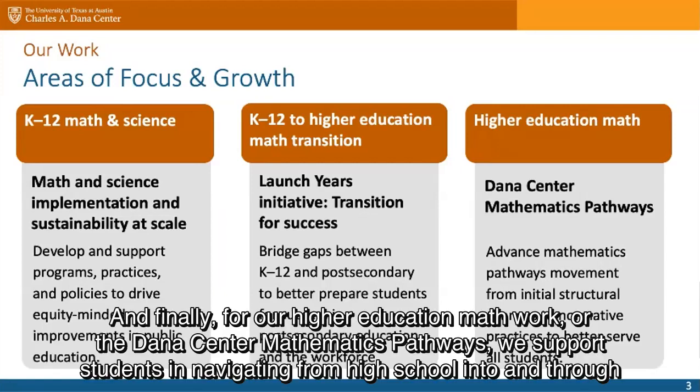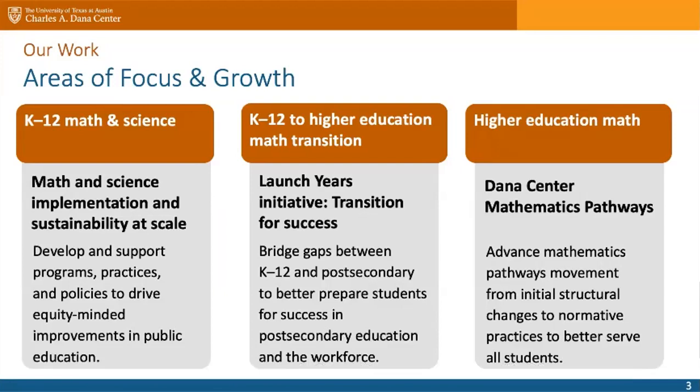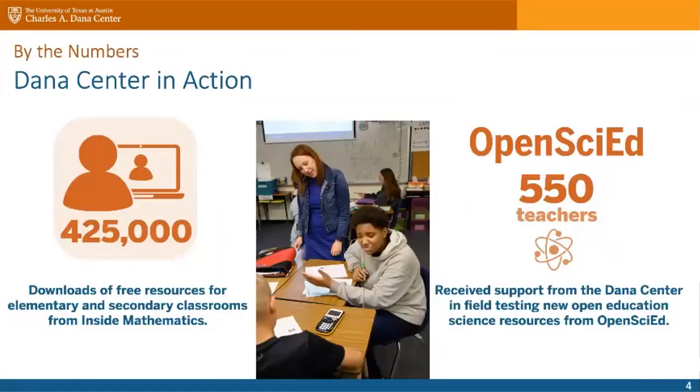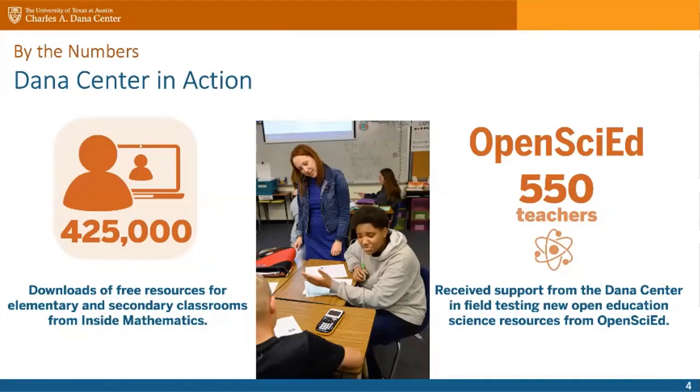And finally, for our higher education math work, or the Dana Center Mathematics Pathways, we support students in navigating from high school into and through entry-level math courses at 2- and 4-year institutions. Within our K-12 work, we have helped develop and implement math and science resources that are used in many classrooms.